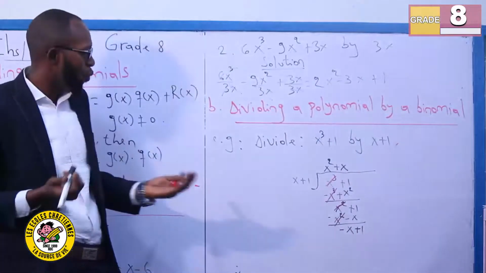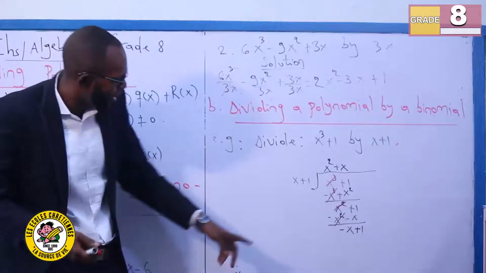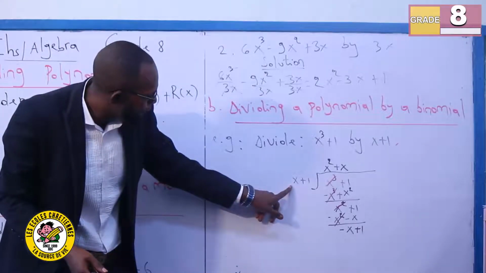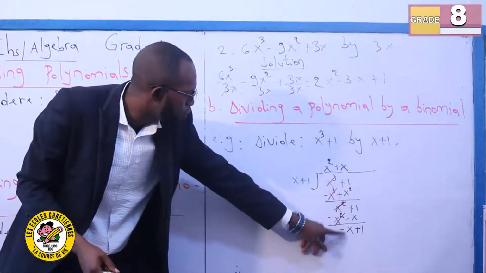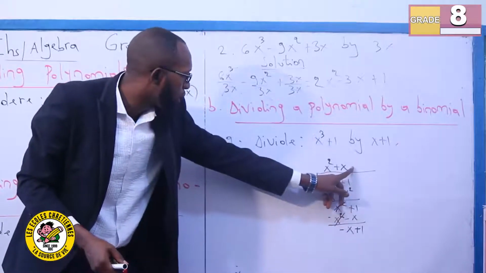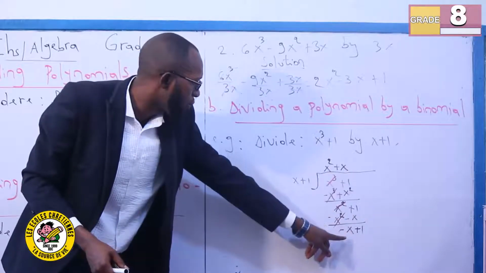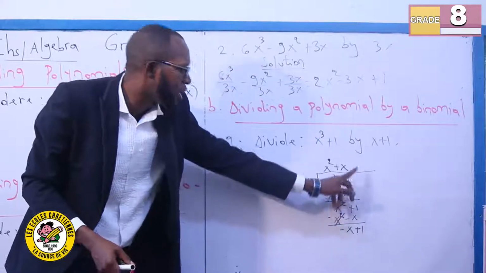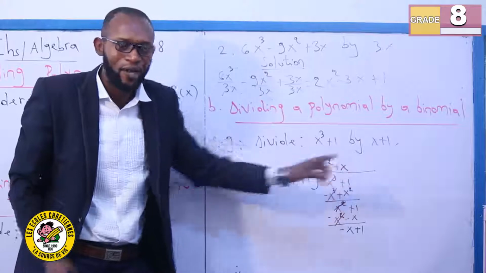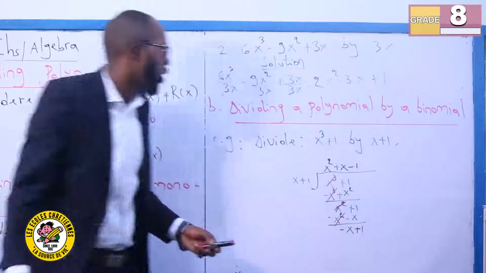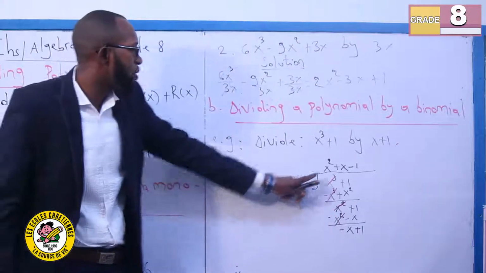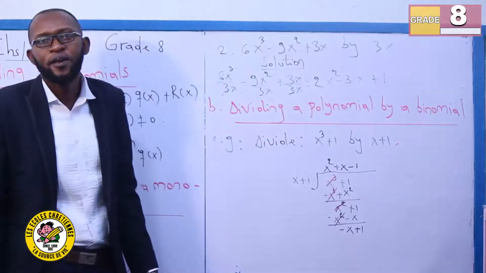So we are about to finish. This is the last step. I don't want to have x here. So I will put minus 1, because to get a positive here, I need to put a negative number. Now x times minus 1 is minus x.